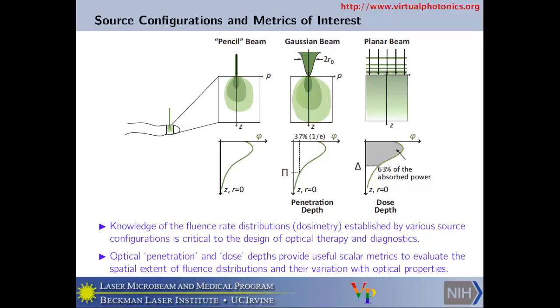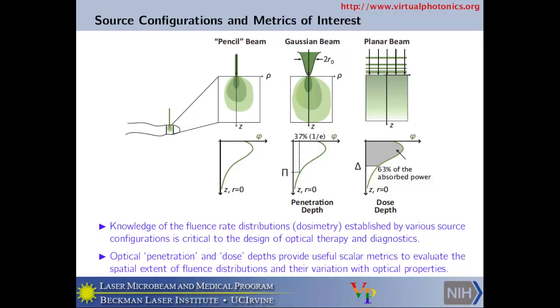In therapy, we often use spatially extended sources laterally, with some sort of Gaussian beam intensity distribution with a differing radius. And then a very useful case to understand the physics of the light transport is just to consider the one-dimensional case with a beam of infinite lateral extent impinging on a semi-infinite medium or a slab.